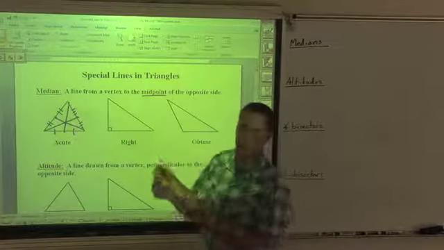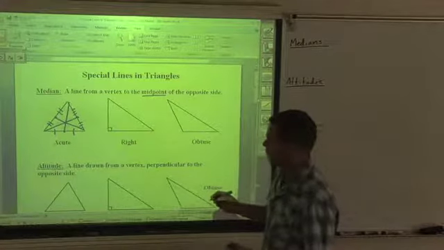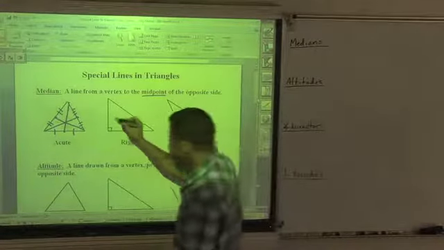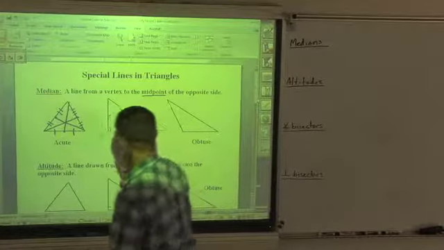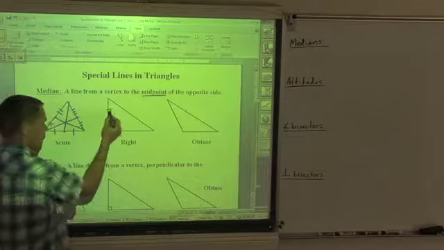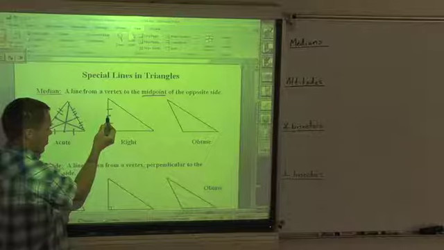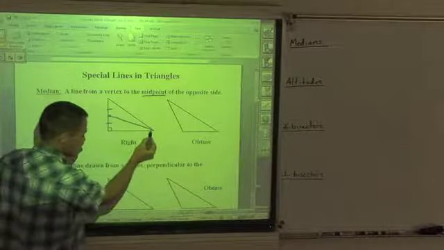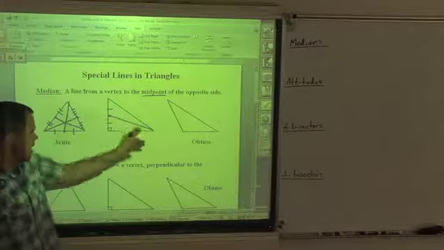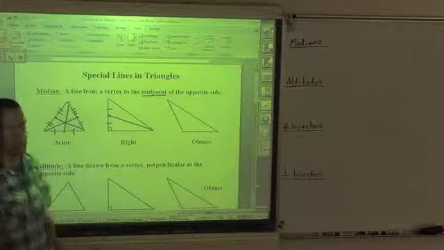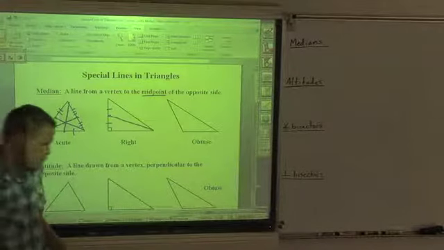I will look at one version of these on each of these other triangles. For example, on the right triangle, maybe we did this side here, and we find our midpoint, and we mark it. Now we know this is a midpoint, so we can connect that midpoint to the vertex. Vertex to a midpoint. This is a median. I'm not going to draw all three, but if I did, they would all intersect at one point.